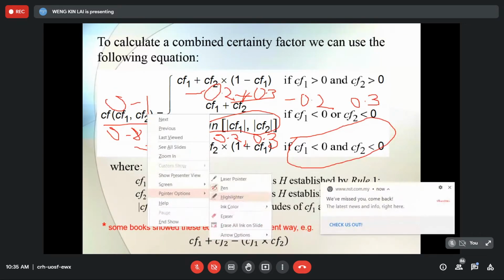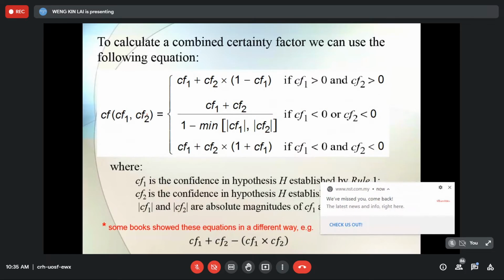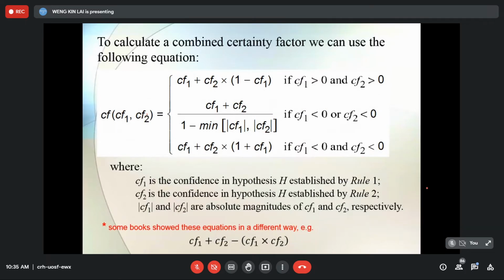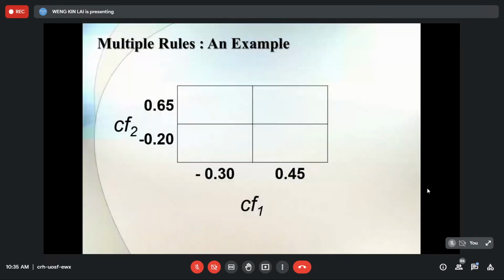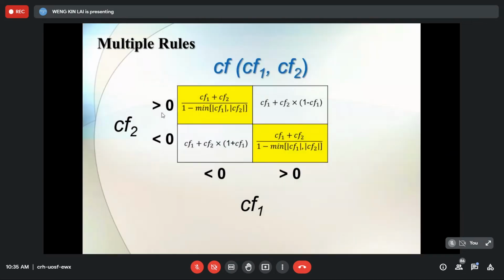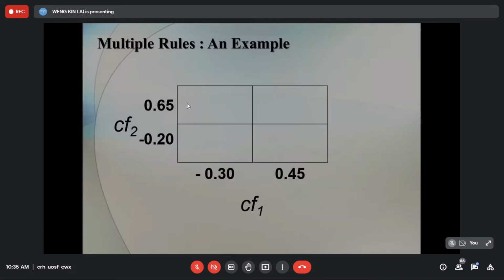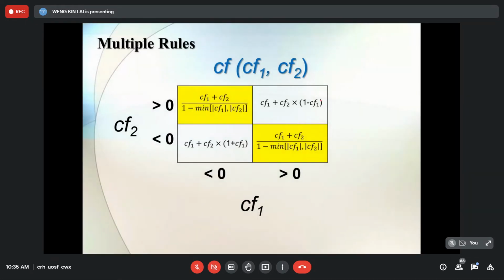Let me just, right, let's look at one example here. Now your CF2 is 0.65. So you have your first case. Go back. This is 0.65, 0.2.